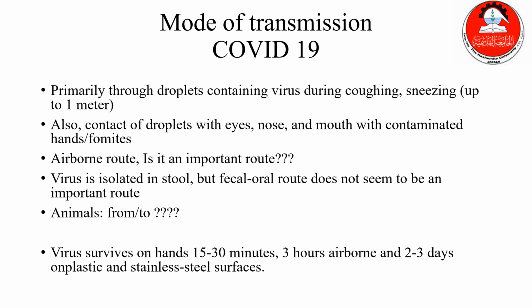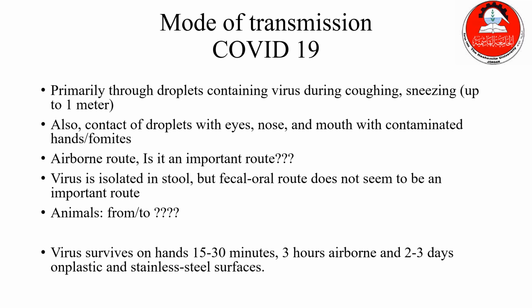But it's still thought that the direct mode of transmission is through getting into contact with those droplets on the surfaces and then touching our eyes, nose, mouth, or face, and this is still the major mode of transmission thought about nowadays. The virus can also be isolated in stool, even for COVID-19, but this is a very minor role. It has played a very minor role in spreading the infection.